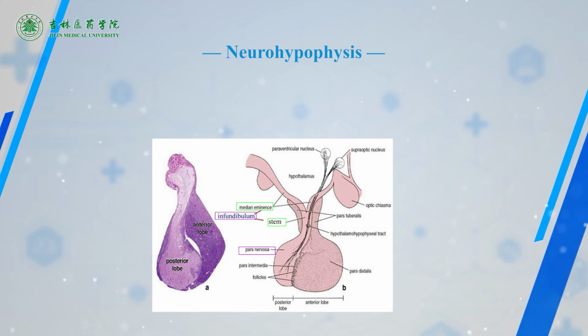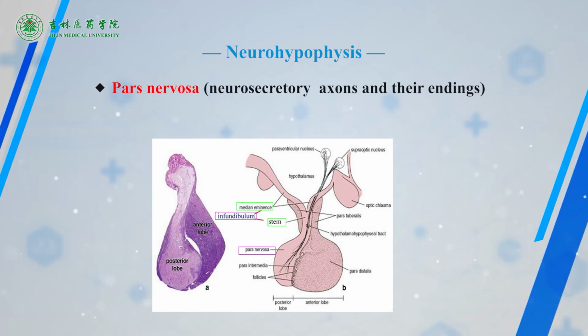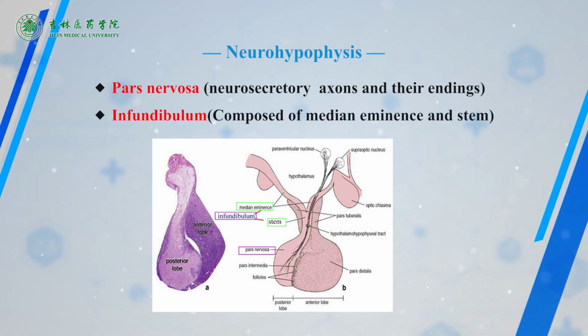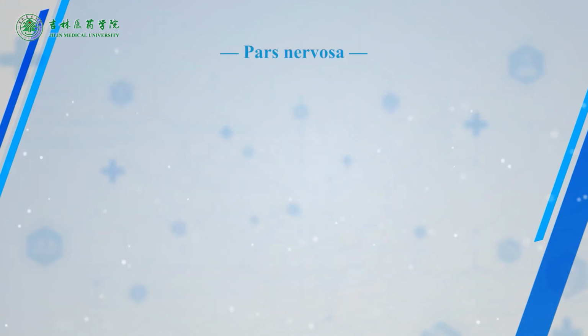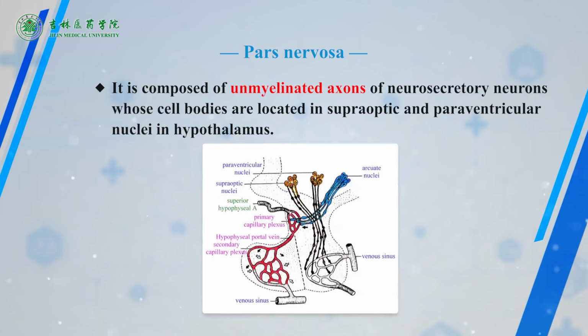Neurohypophysis. Neurohypophysis contains pars nervosa and infundibulum composed of median eminence and stem. Pars nervosa is composed of unmyelinated axons of neurosecretory neurons, whose cell bodies are located in supraoptic and paraventricular nuclei in hypothalamus.